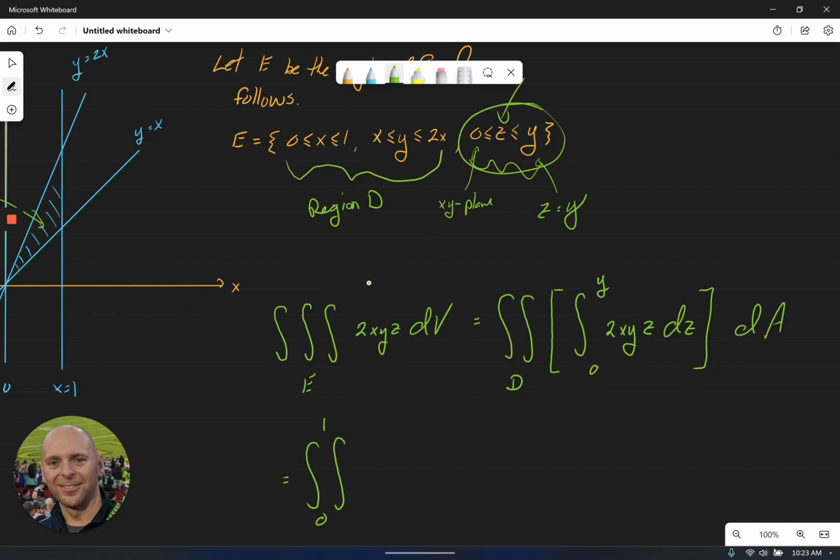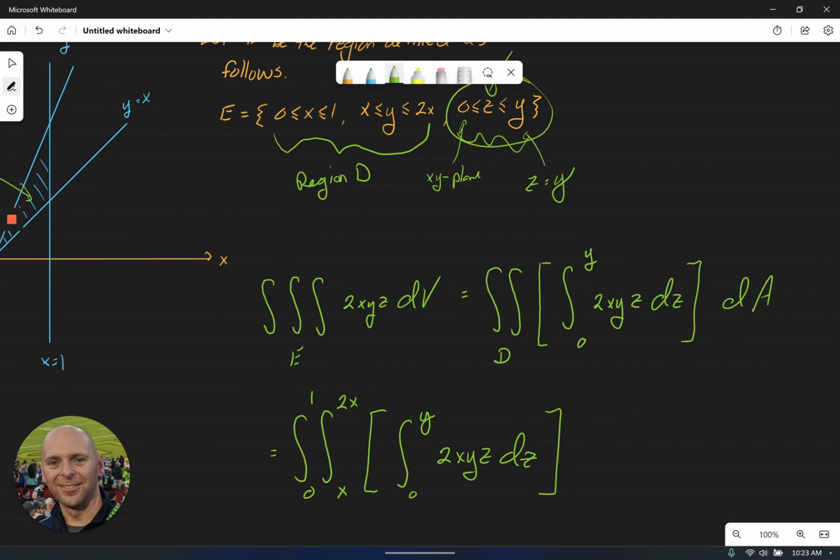That means the y bounds are going to be the next integral. So x to 2x, and then we'll add in our integral from 0 to y of 2xyz dz. Being careful to get our order of integration correct, the next integral would be a dy, and the last one would be our dx.